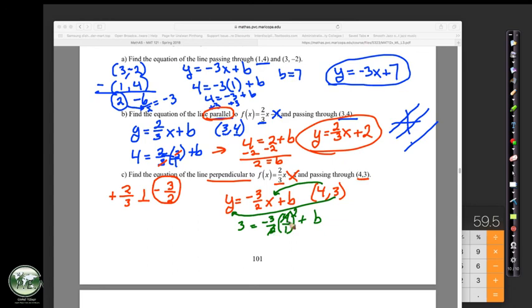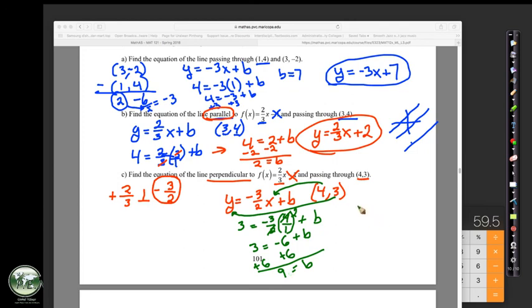We're left with a 2. So what are we left with here? -3 times 2 gives us -6 plus b. And then to finish off, add 6 to both sides. So b equals 9.